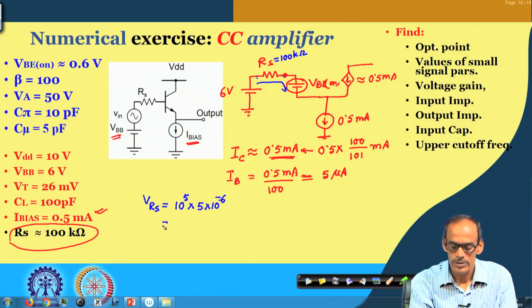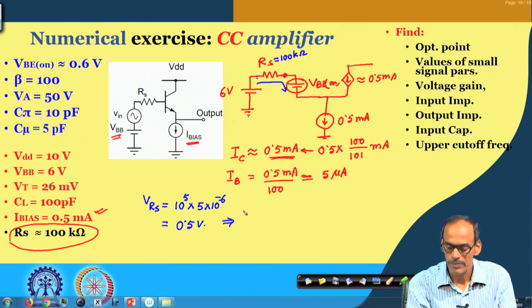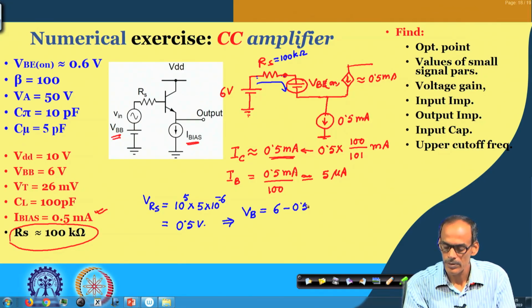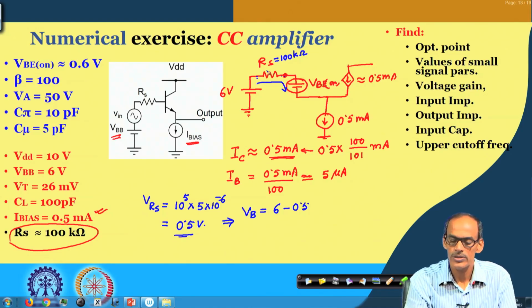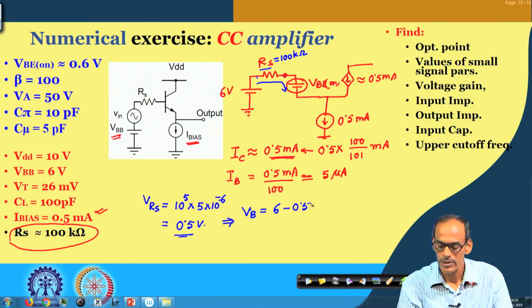That gives us a voltage drop of 0.5 volt. So, the base voltage is 6 minus 0.5, the drop across the resistance RS, which gives us 5.5 volt.